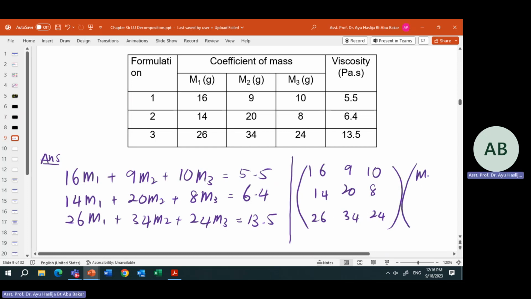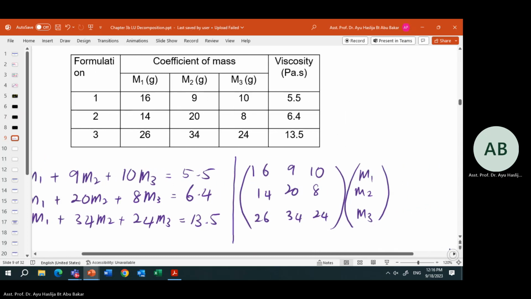Then your unknowns. Then this is your B matrix. A similar approach, similar steps as the previous exercise.